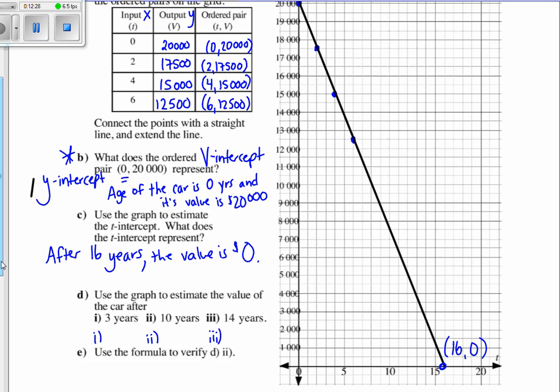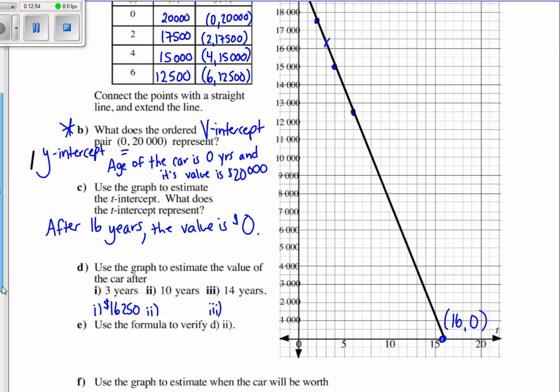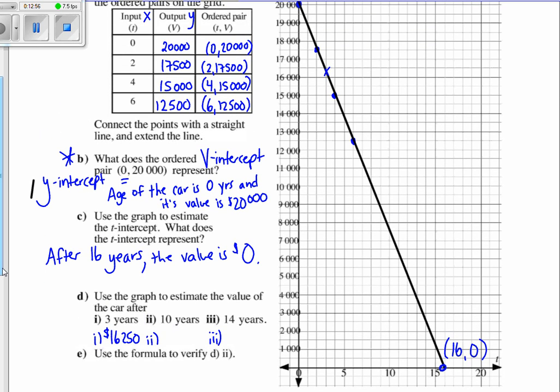Okay, 3 years, where does it land? 16,000 or a little bit above 16,000? Yeah, mine looks like 16,250. Does yours? No? Yours is exactly 16? Mine's 16,250.